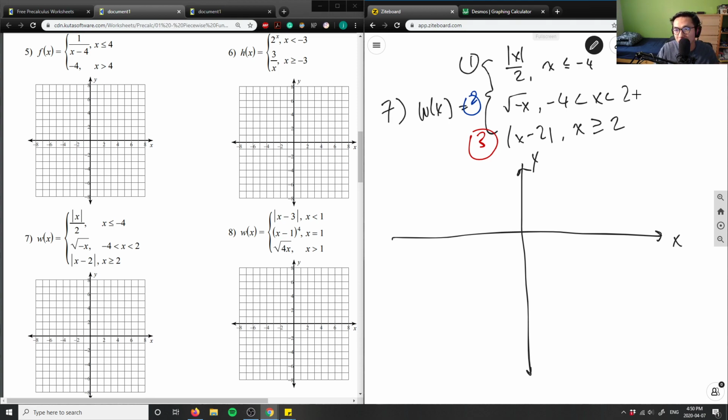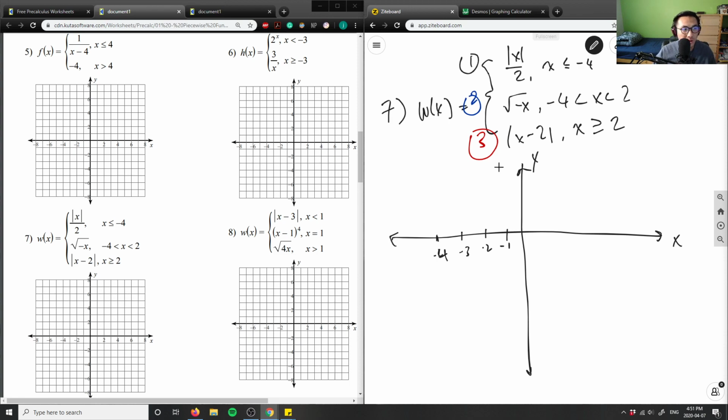So again, I'm going to look at my intervals first. My first interval says that x is less than or equal to -4. So let me find -4 first. This is -1, so it'd be -2, -3, assuming here is -4. So -4 would be here. The function is the absolute value of x over 2, if x is less than -4, right?